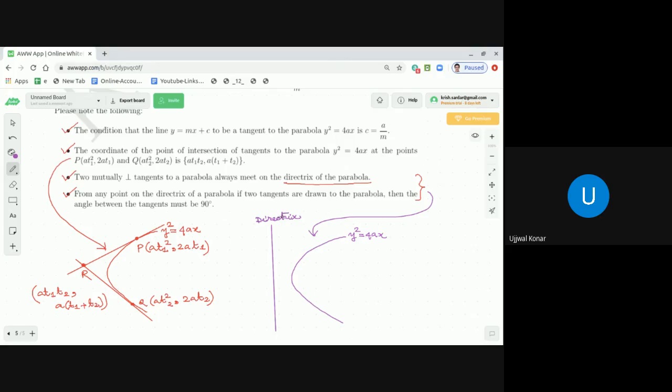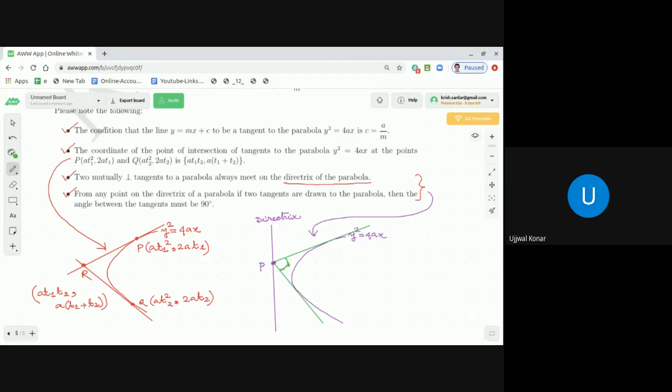Now the statement says that if you take an arbitrary point P on the directrix, from that point P you can draw two tangents to the parabola, right? Let me draw the tangents in green color. Suppose one tangent will be something like this, and the other tangent will be something like this. Now the last two statements say that the angle between them is actually 90 degrees.